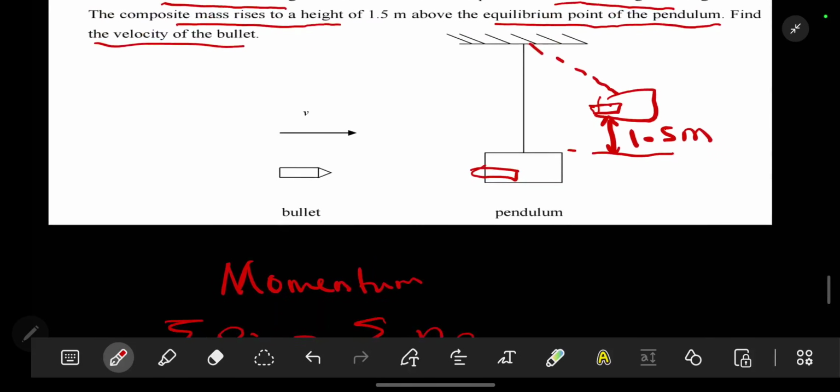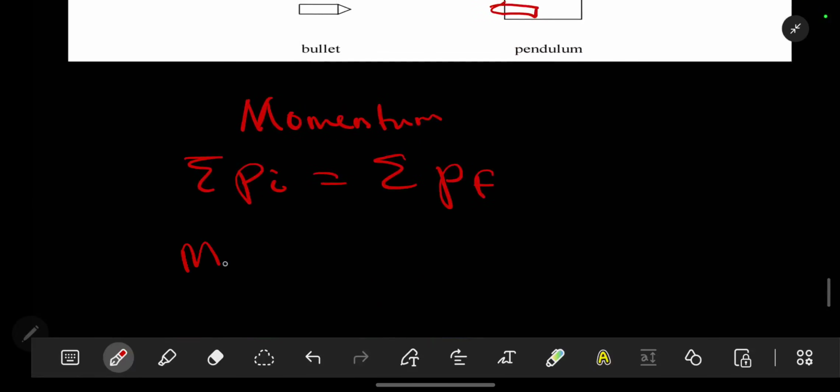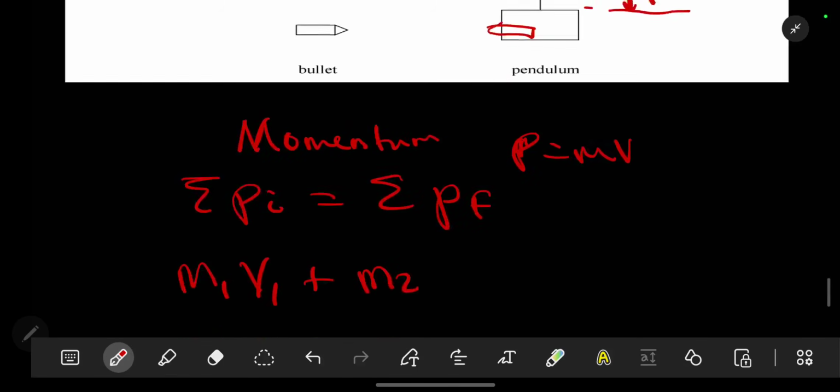Now in this case, what are we going to be looking at? We have our M1, which is the mass of the bullet, times its velocity. We know that momentum is equal to mass times velocity, so we add plus the M2, which is for the pendulum.